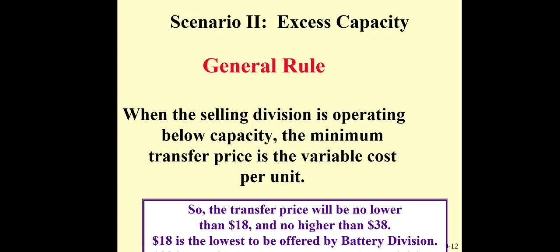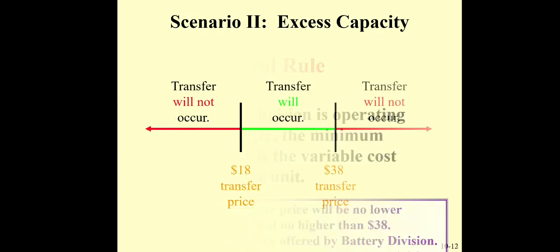So that is the range between 18 and 38. I hope later I can share several sample questions, then you can learn how to calculate the appropriate transfer price for a given scenario.